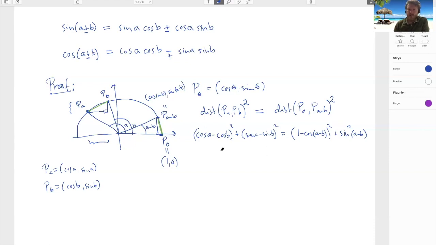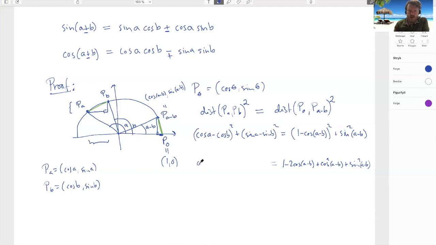Now I can simplify. So let me multiply out. So I'll start here to make sure I have enough room. So 1 minus 2 cosine of A minus B plus cosine squared of A minus B, was that guy, sine squared of A minus B. And this is equal to the sum of these two products.